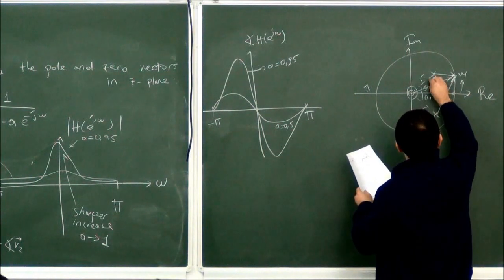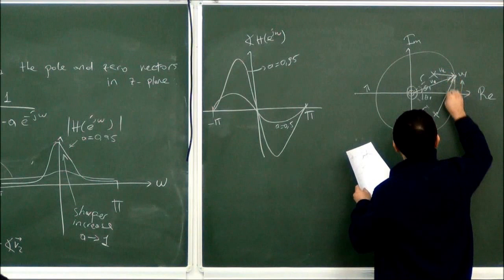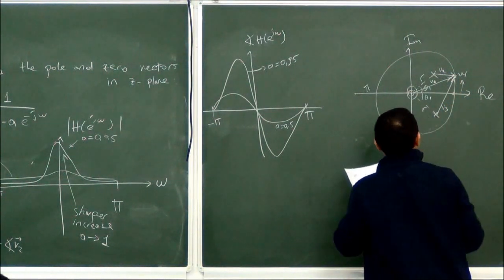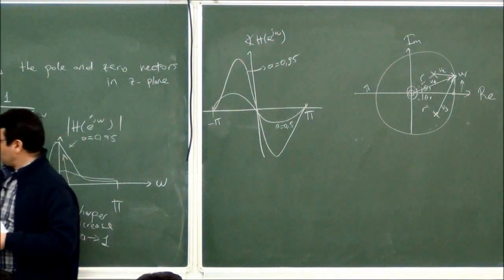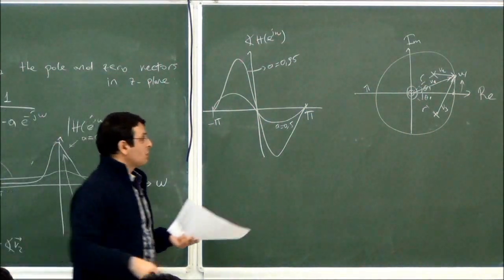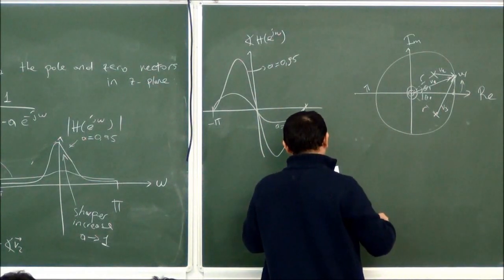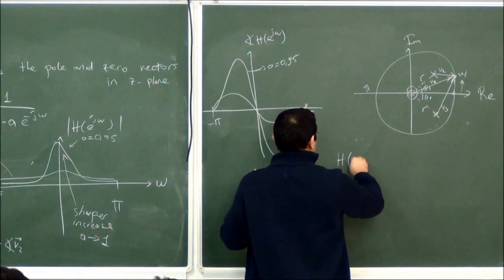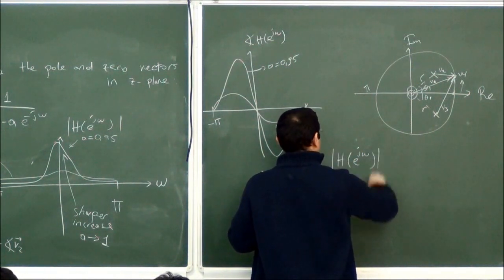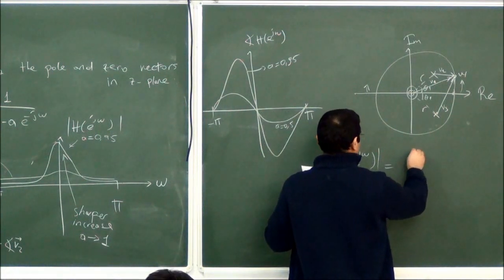In this case, we call this zero vector V1, this is the pole vector V2, and this is the other pole vector V3. The previous one was a first order system with a single pole, but in this system there are two poles, so this is a second order system. Okay, let's draw the magnitude response of these poles and zeros.